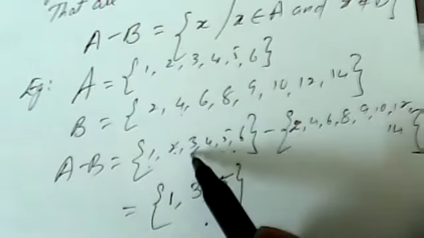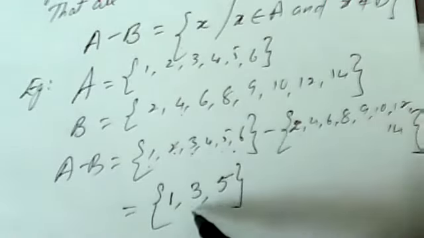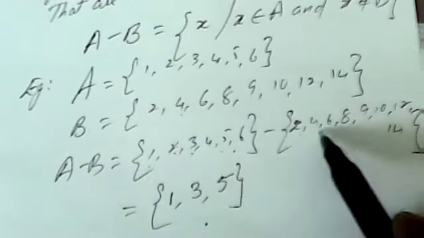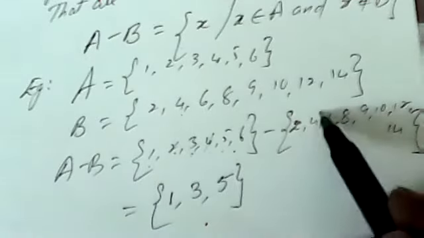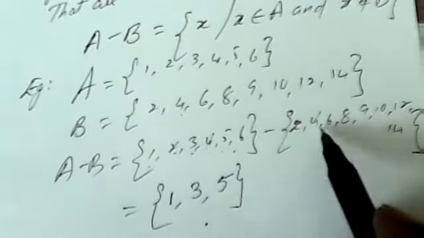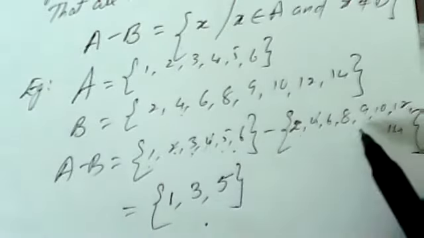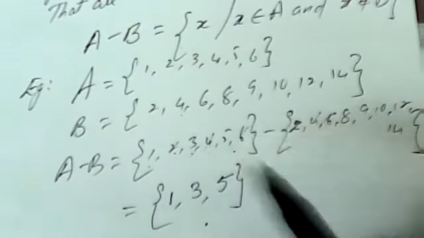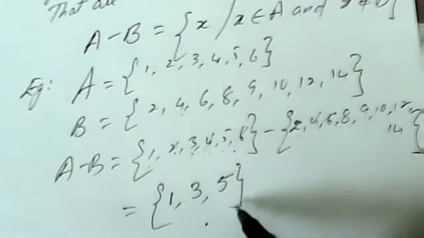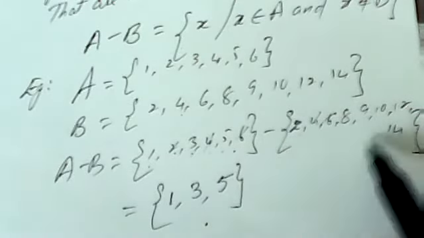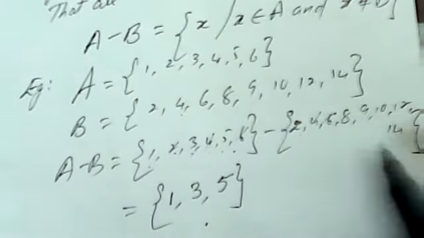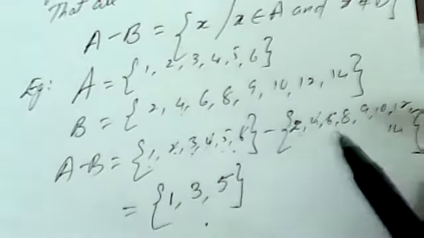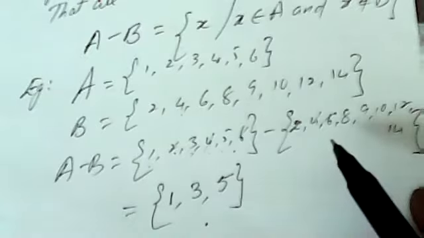Then 3. 3 is not there, you can write. 4 is there, so strike off this. 5 is not here, so you can write. 6 is there, so strike off this. So जो आप काटने के बाद A में क्या बचा? 1, 3, 5. You are least bothered about the other elements in B that are not in A. समझ गए ना? Understand?